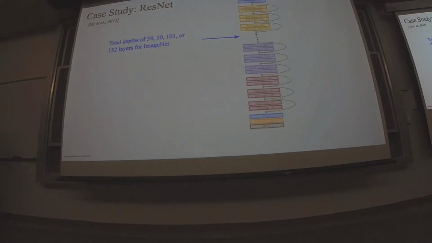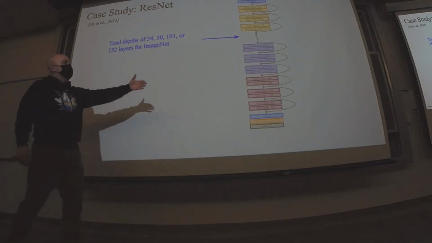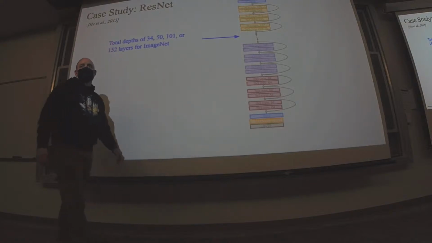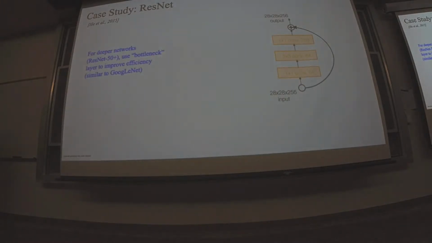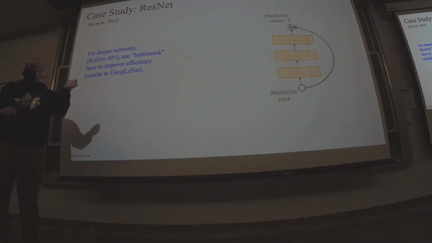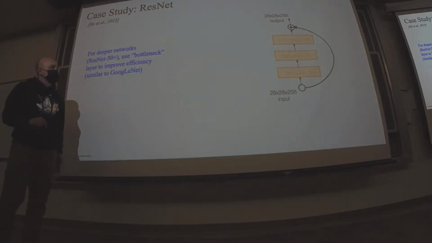But as you get deeper, remember that there's tons and tons of operations happening within each one of these blocks. And remember how in Inception it was kind of the same story, where there was a desire to reduce the amount of computation per block, so we introduced the idea of using one-by-one convolutions to do a bottleneck, and the same thing happens here.